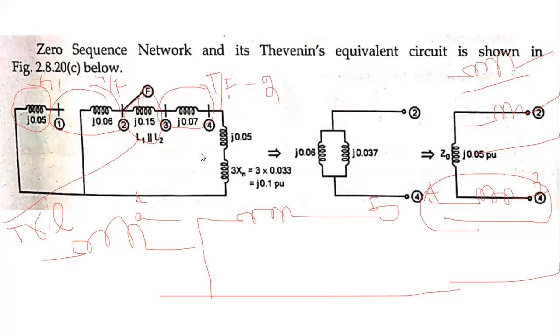This is the zero sequence network for the given circuit, and then we convert this network to the equivalent reactances, and we find the equivalent reactance for this circuit. That is J0.15, J0.07 and J0.05.